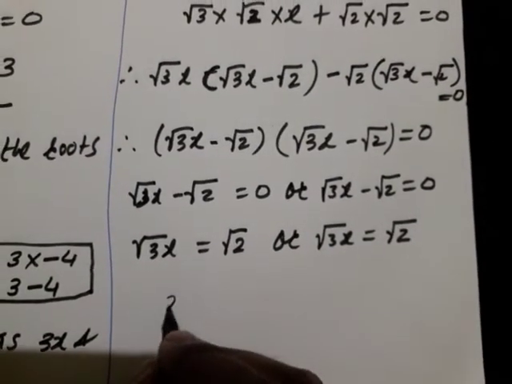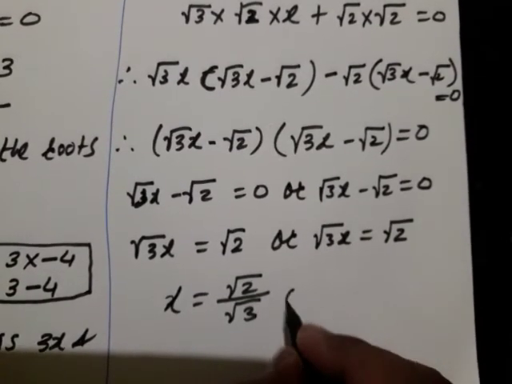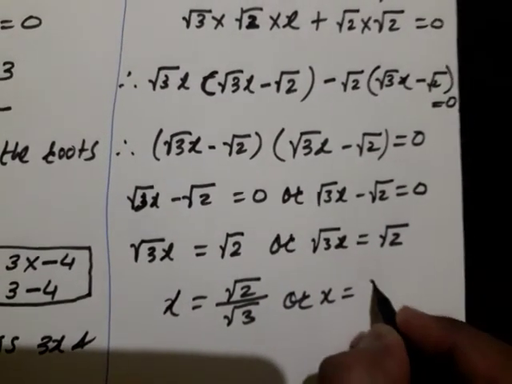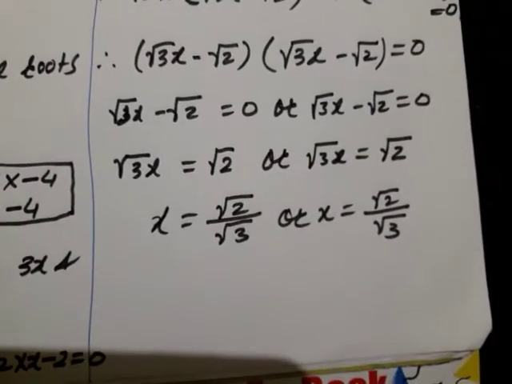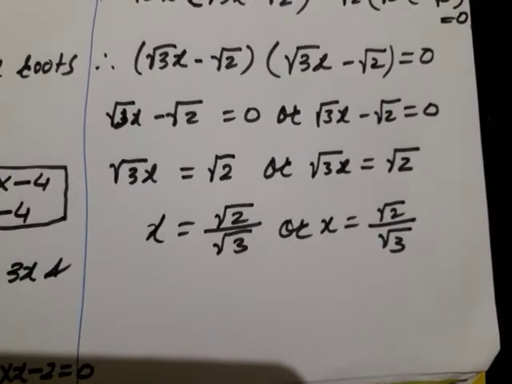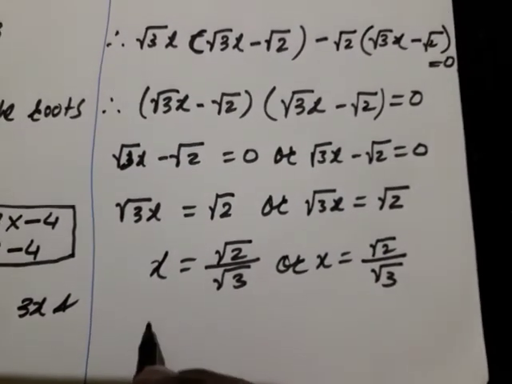Divide this. x is equal to root 2 divided by root 3, or x is equal to root 2 divided by root 3. Understood? Okay. We can write in one bracket also.